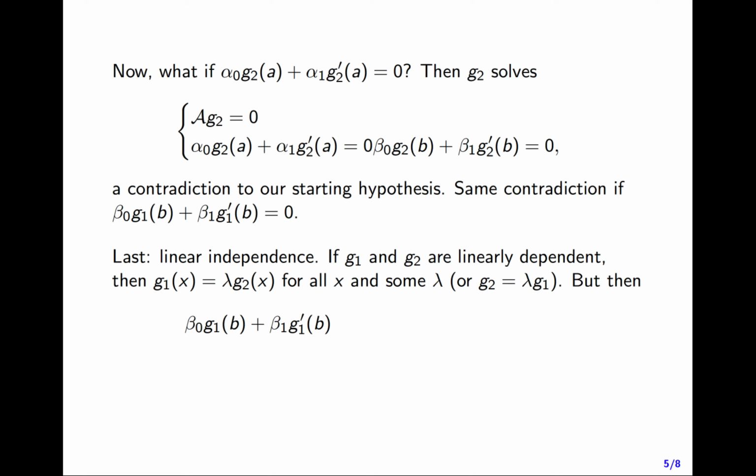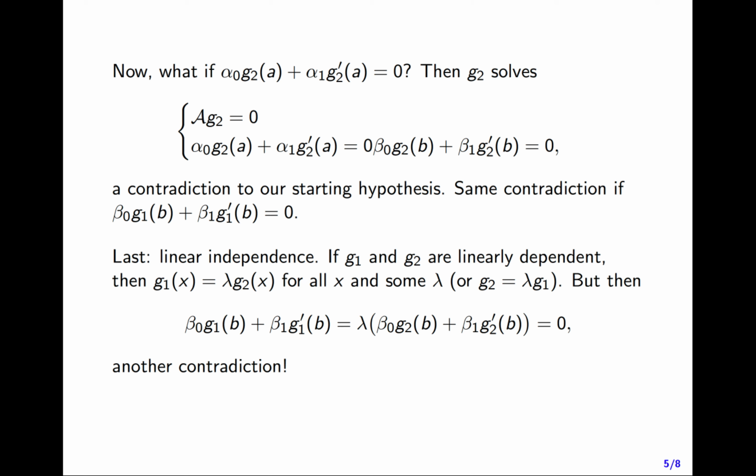Then let's look at the boundary conditions for g1 at B. I would have beta 0 times g1 of B plus beta 1 times g1 prime of B, a quantity that I know I want to be non-zero, equal to lambda times the sum beta 0 times g2 of B plus beta 1 times g2 prime of B, which equals 0. Another contradiction.